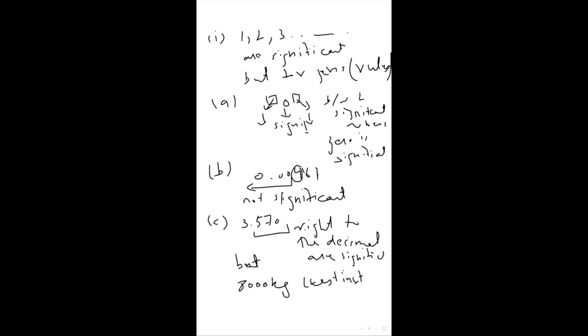So the least count of the instrument is 1 kg, and then it has 4 significant numbers, right?